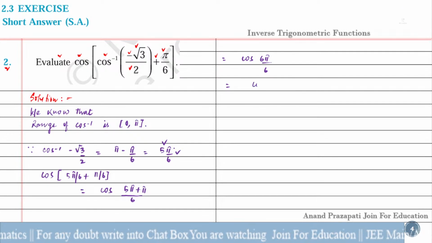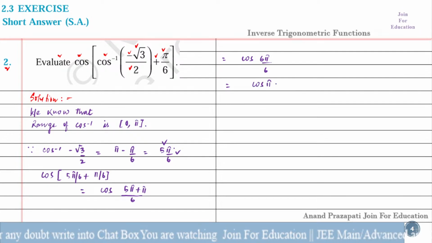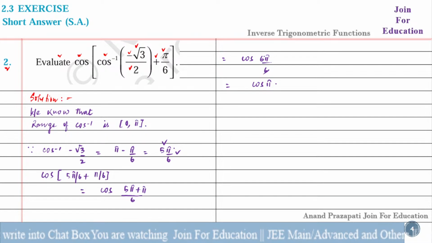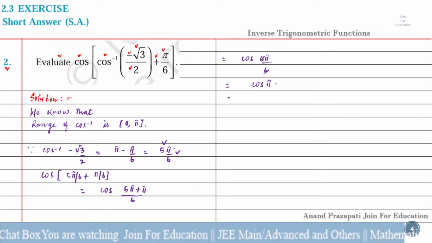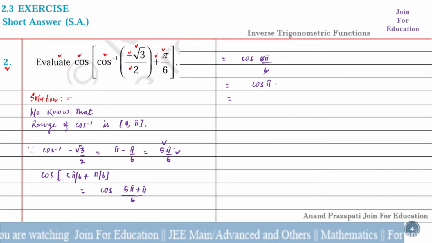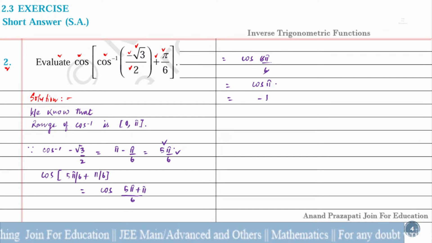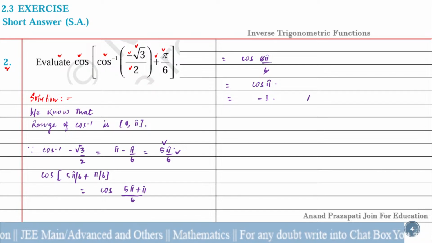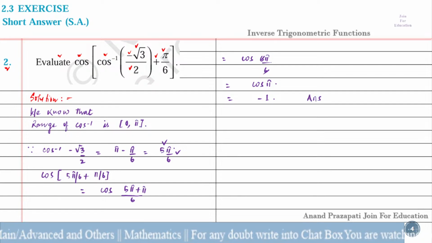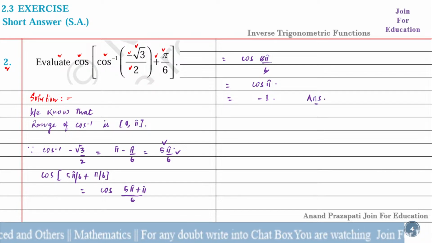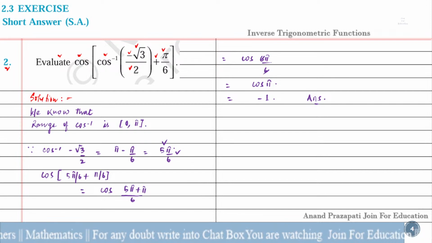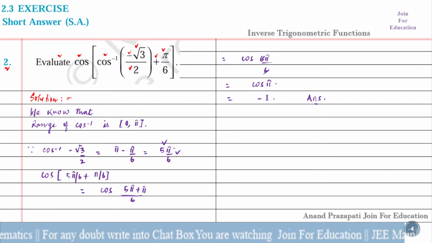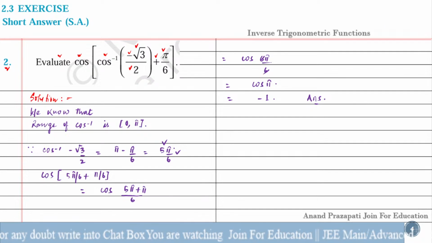Final step here will be cos pi. We know that the value of cos pi is minus 1. Therefore, the answer of this question is minus 1. Hope there is no problem to understand the solution as well as the explanation of the solution of this question.